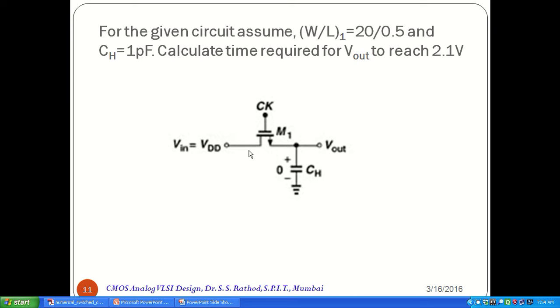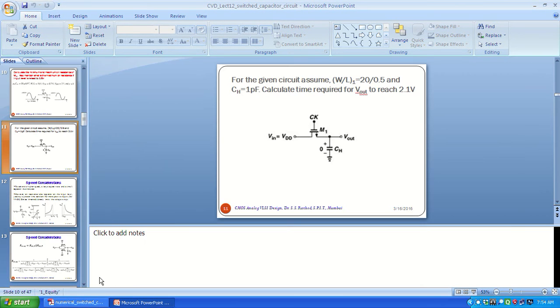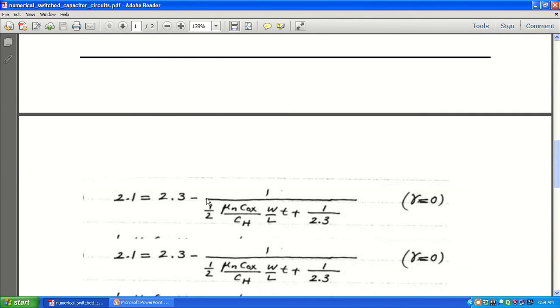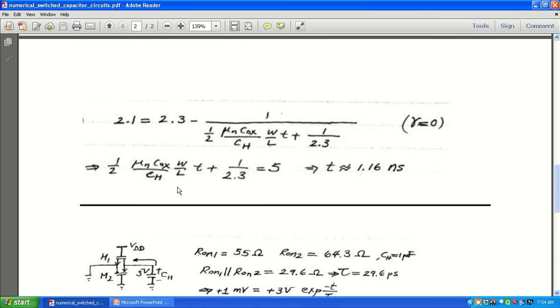So finally you get the output voltage Vout is equal to VDD minus VTH minus one more term, that is 1 by 2 μn Cox into W by L into t over CH plus 1 upon VDD minus VTH. This derivation is very well given in Razavi. You can refer to that, and use that equation to solve this numerical.